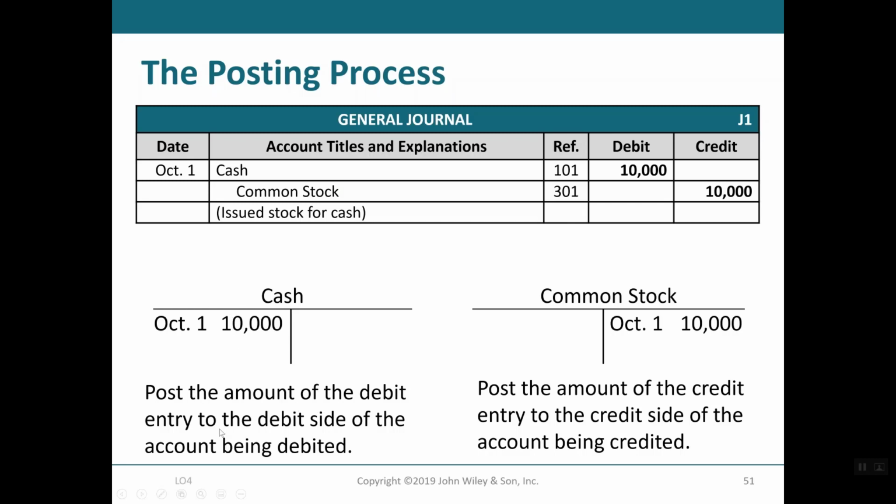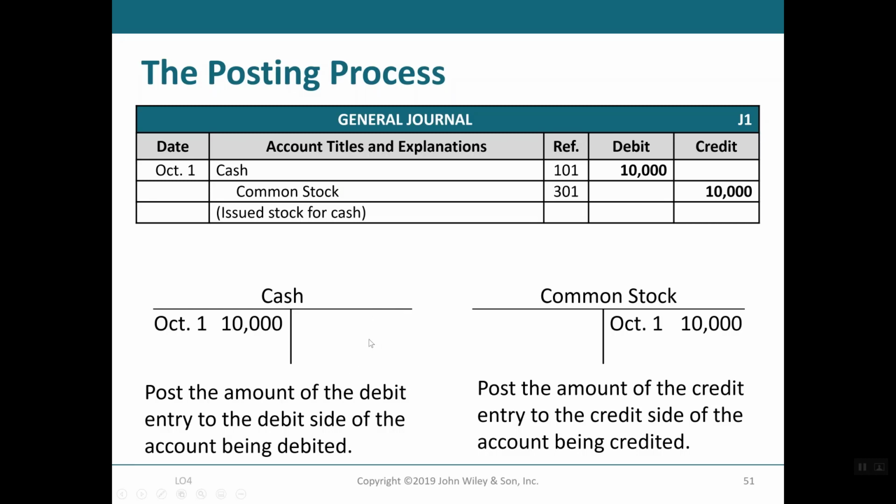So post the amount of the debit entry to the debit side of the accounts being debited. We had it on the debit side of the journal, so it comes to the debit side of the account. The left hand side is always your debit. The right hand side is always your credit.